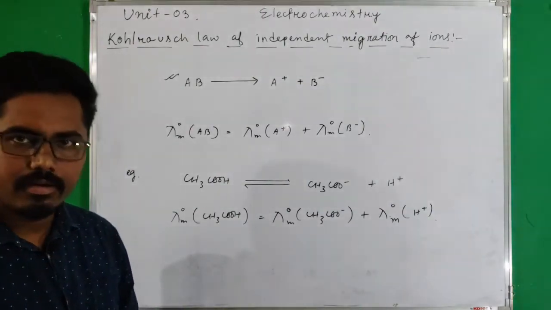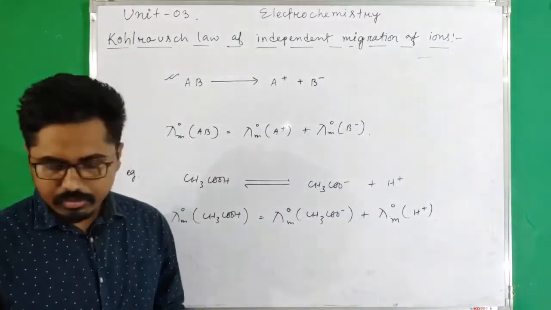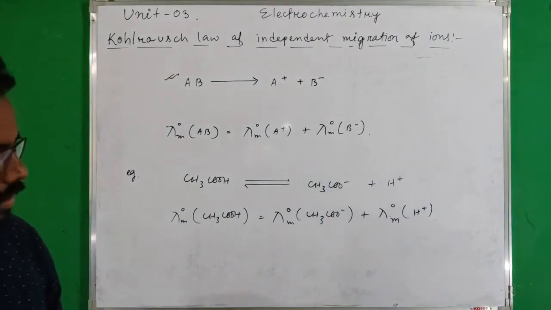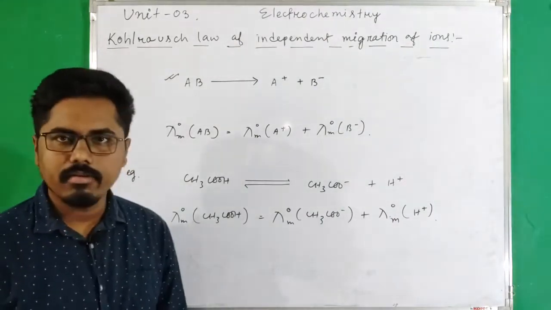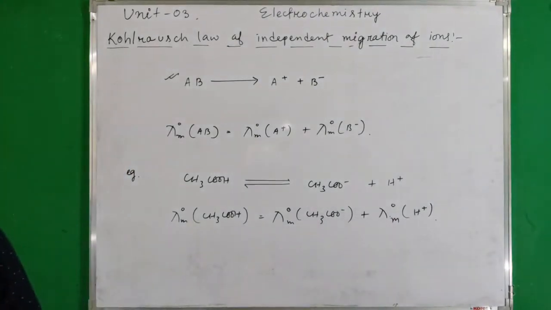By using this law we can determine the limiting molar conductivity of a weak electrolyte. So now we will determine the limiting molar conductivity of acetic acid from some given data, and we will solve a question.